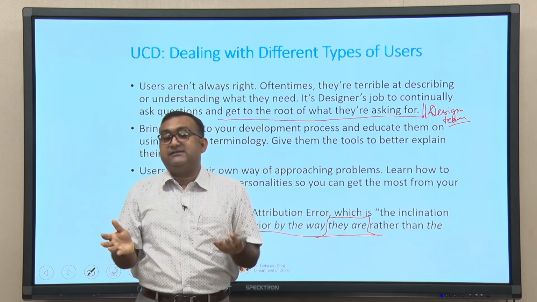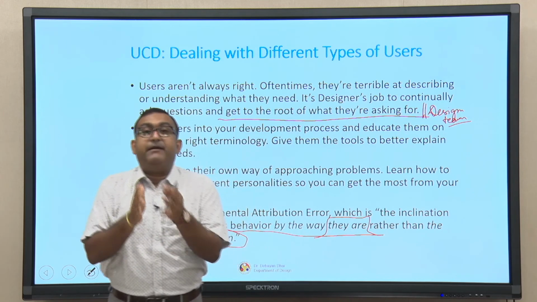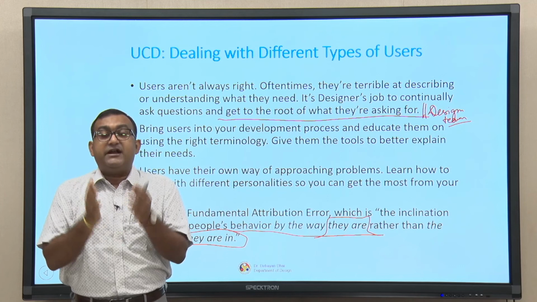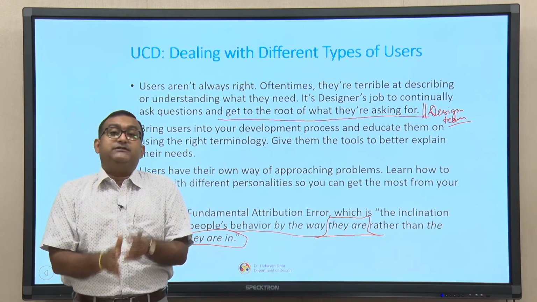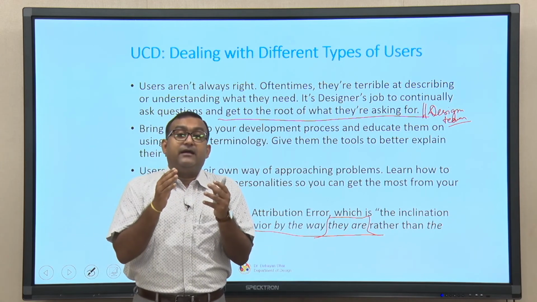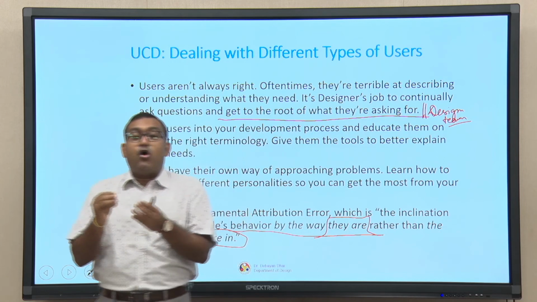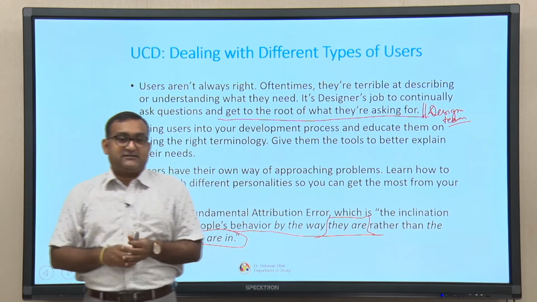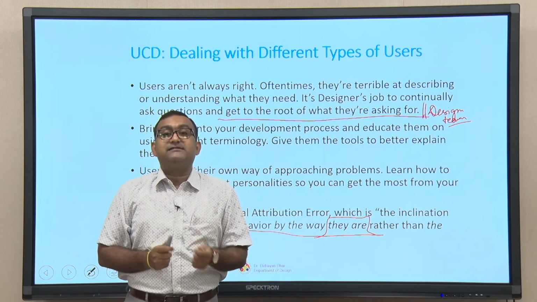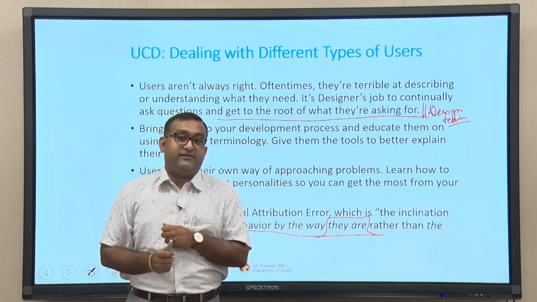All these details provide a better comprehension or understanding about the situation, rather than only explaining the task. That is what we call the fundamental attribution error.